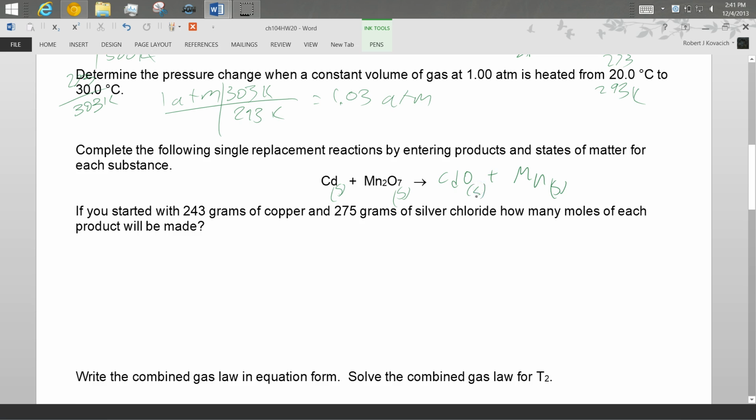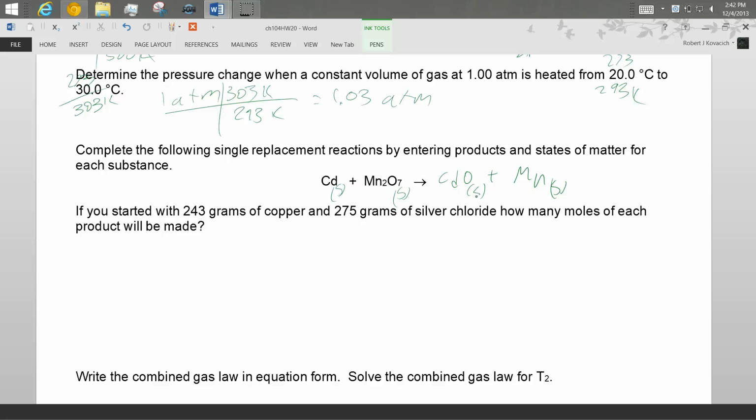How come the two compounds are solids? Do you have a solubility rule for cadmium or a solubility rule for manganese? You don't, neither one. Do you have a solubility rule for oxides? Yeah, and what's that rule? They're not soluble. Okay.